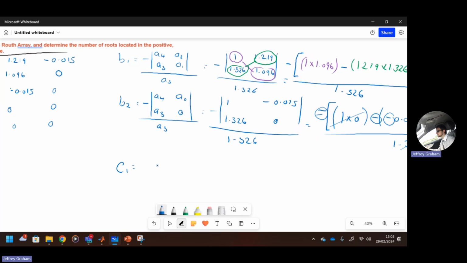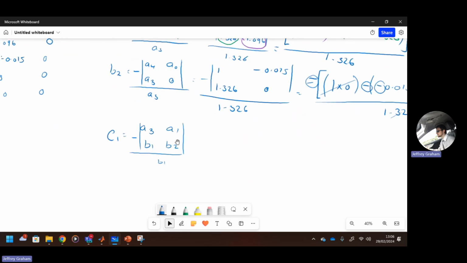So A3, A1, B1, B2. Negative B1. Right, filling in the determinant, we've got minus.